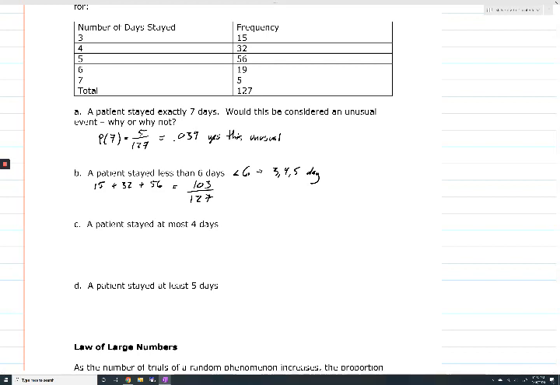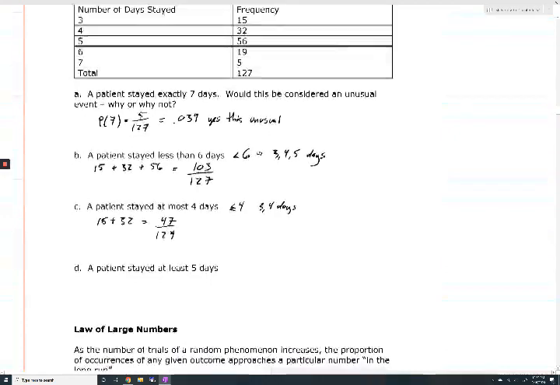Next, stayed at most 4 days. So that means less than or equal to 4, which would be 3 or 4 days. That would be 15 plus 32, which is equal to 47 over 127.